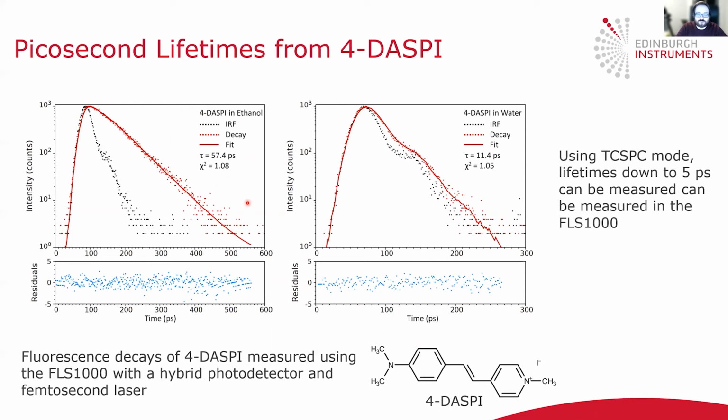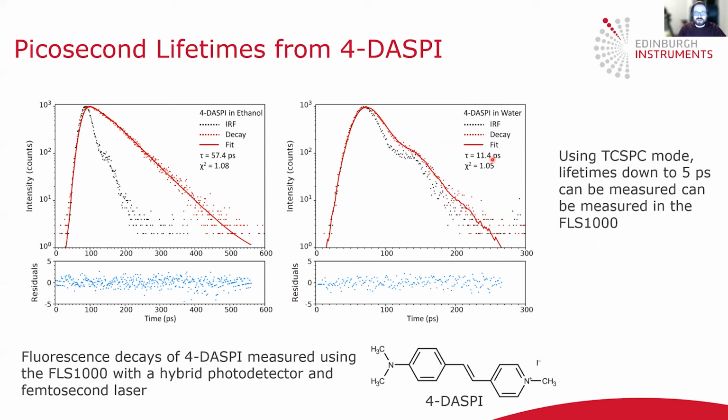On the left is 4-DASP when dissolved in ethanol, which was found to have a lifetime of about 57 picoseconds. But when 4-DASP is dissolved in water, its lifetime shortens and was found to have a lifetime of 11 picoseconds.